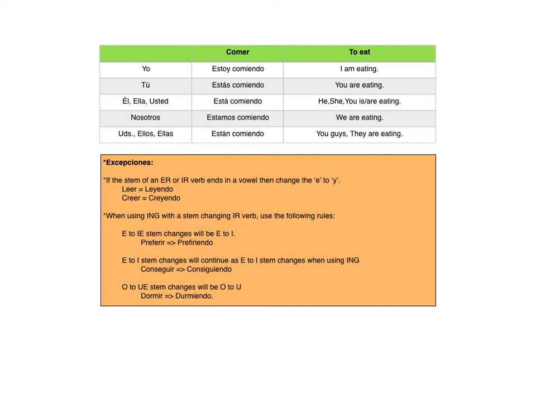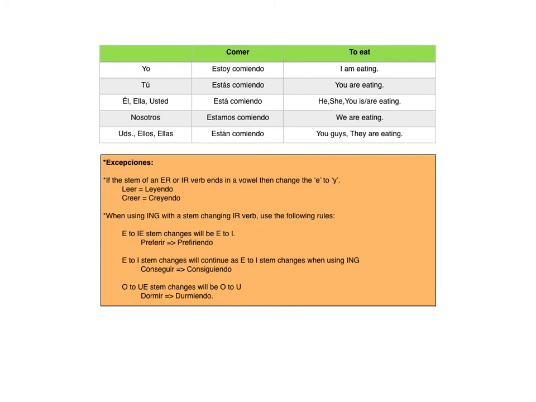In the interest of time, we're going to go over the exceptions right now. So if the stem of an ER or IR verb ends in a vowel, then change the I to a Y. A little typo there. So if we have the verb leer, we take the ER off.